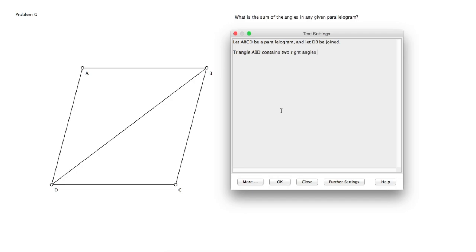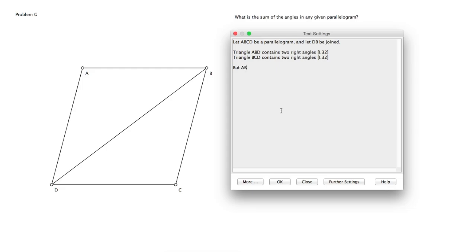How do we know that? Well, we know this, of course, from proposition 32. And similarly, triangle BCD contains two right angles, again from proposition 32. Then all we have to do is put the triangles together.